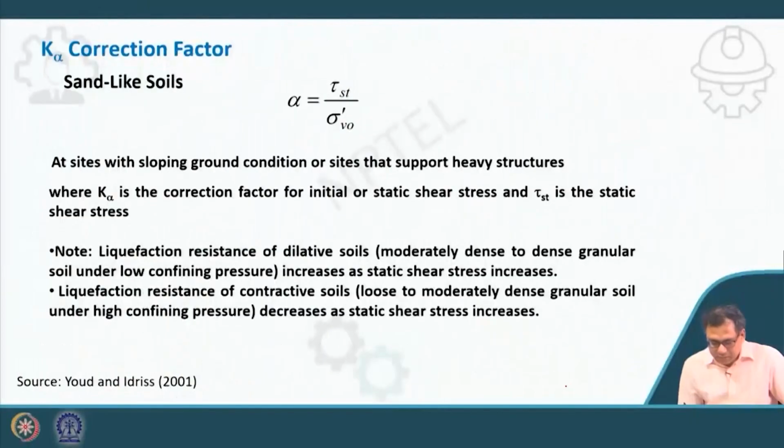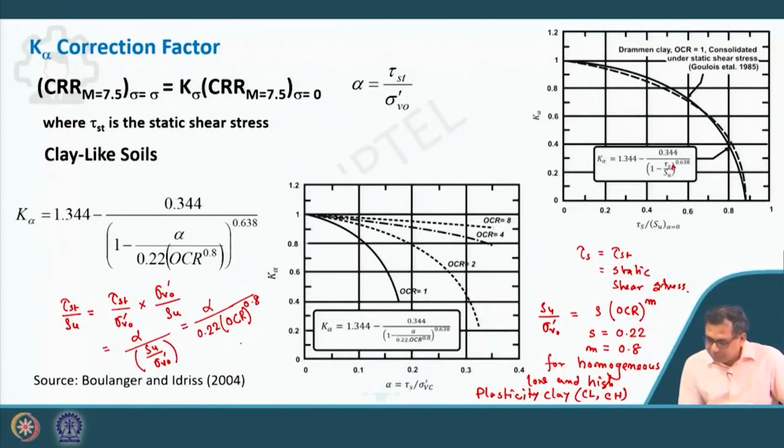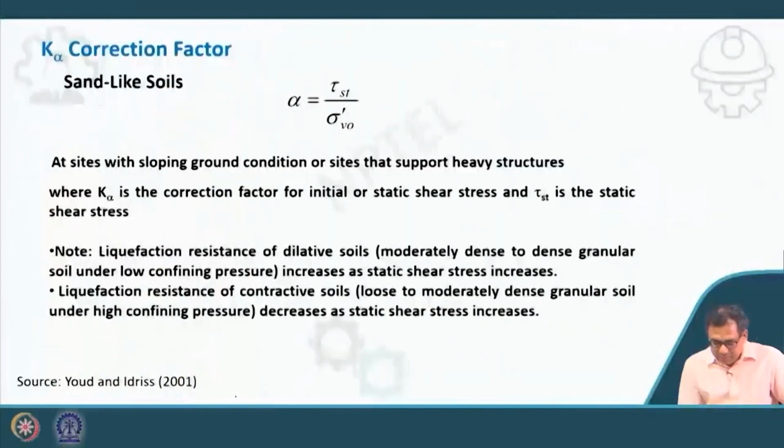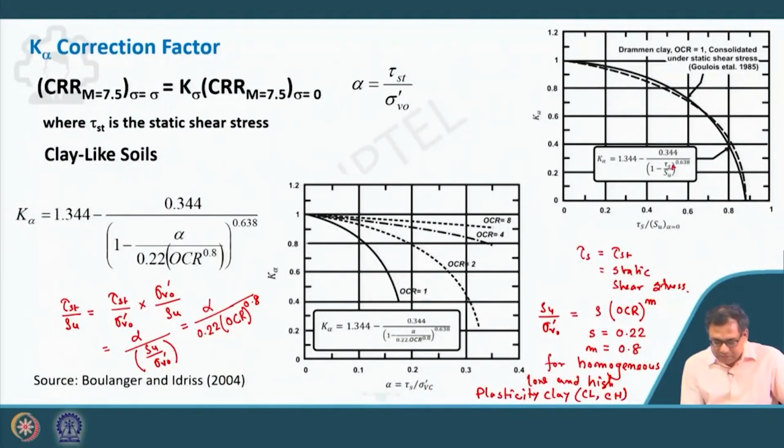That Su by sigma V dash can be converted by using these expressions also. Or you can directly calculate the alpha and then you will get the K alpha, or you can convert Su by sigma V dash using the expression that I have done here, and then also you can calculate the K alpha.